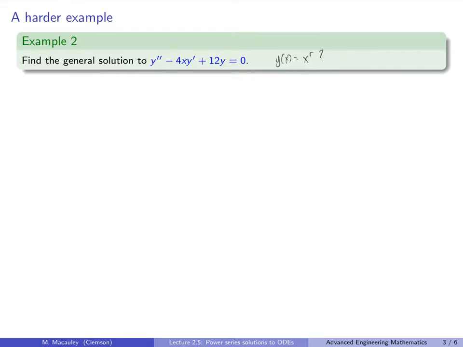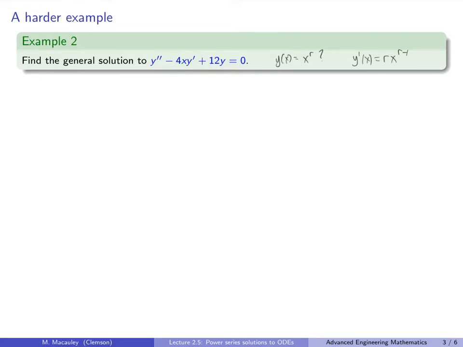Well, let's see. If we plug that into this last term, we get 12 times x to the r. If we plug it into this term, the y prime means we lose a power of x. So let's try that. y prime of x equals r x to the r minus 1. But then we multiply it by x and we get that power right back. So this term is also some number times x to the r.